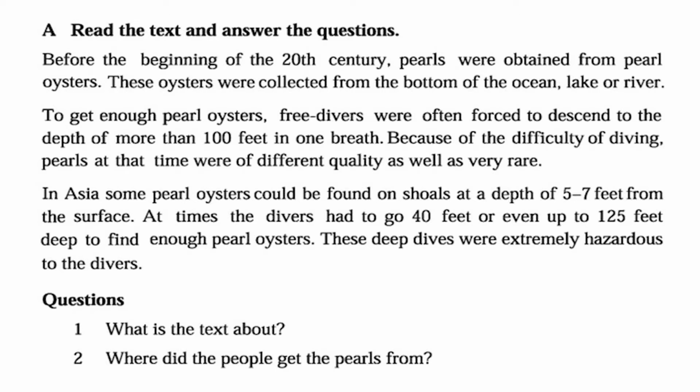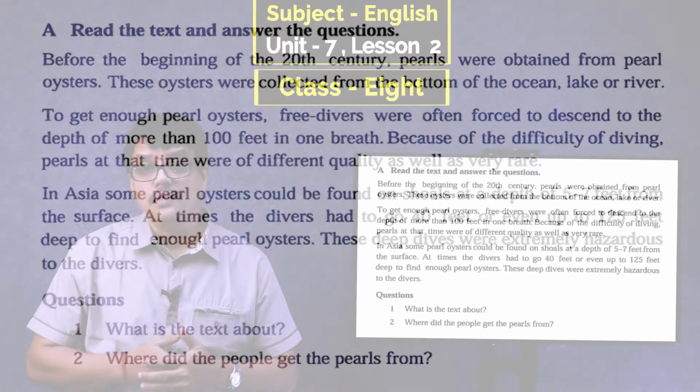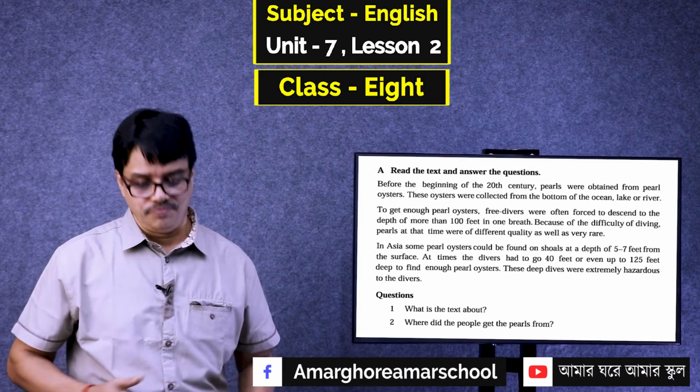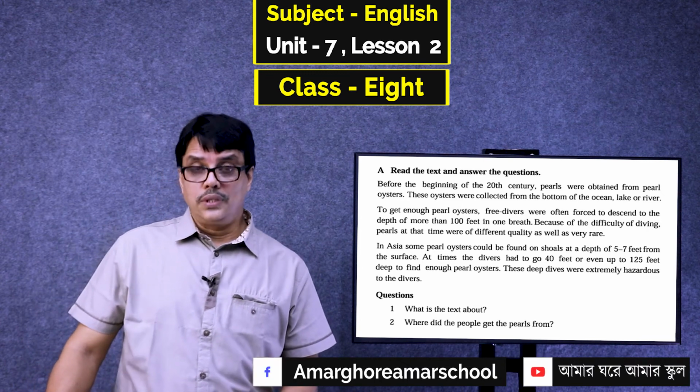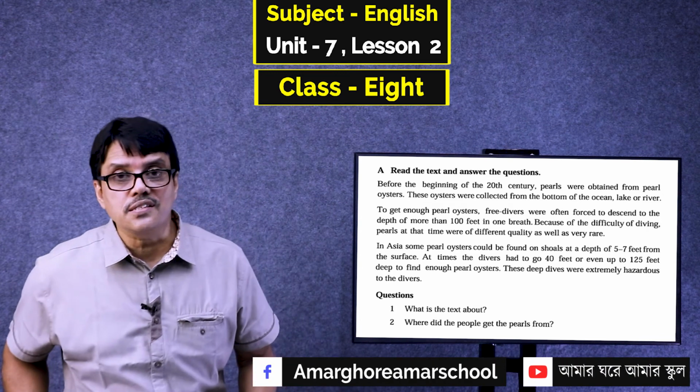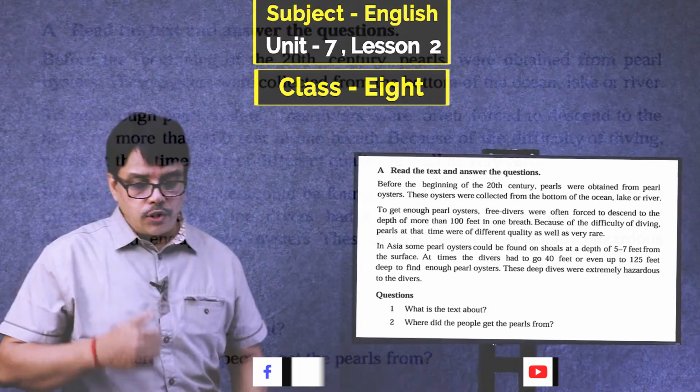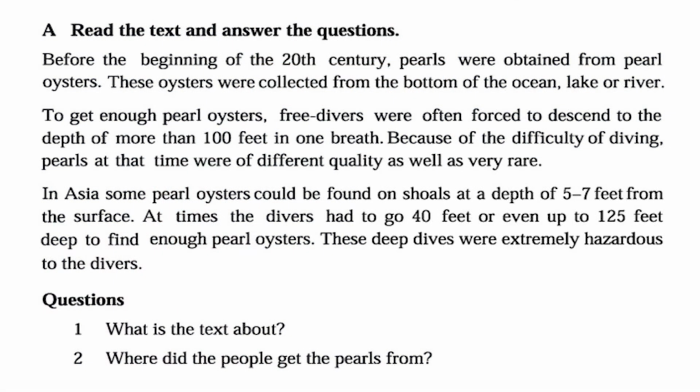Hazardous, that means risky. When you do any risky job and if you get something with risk, that thing is very valuable and costly. Now, here are two questions. We will try to answer these. You see, what is the text about?